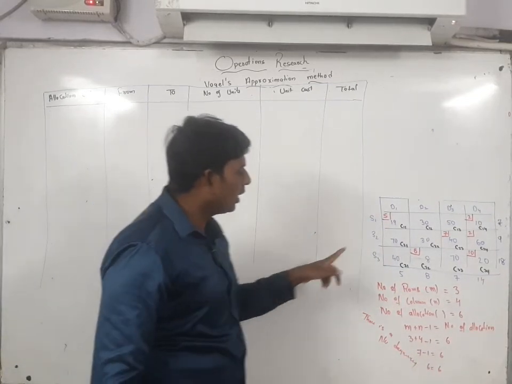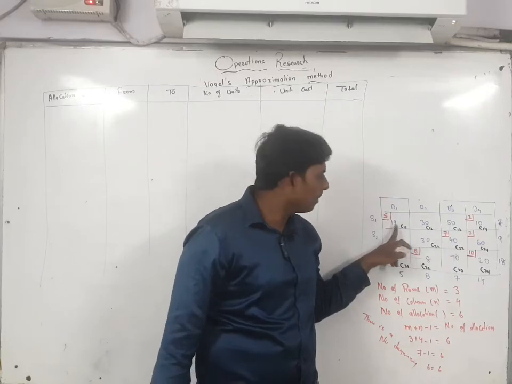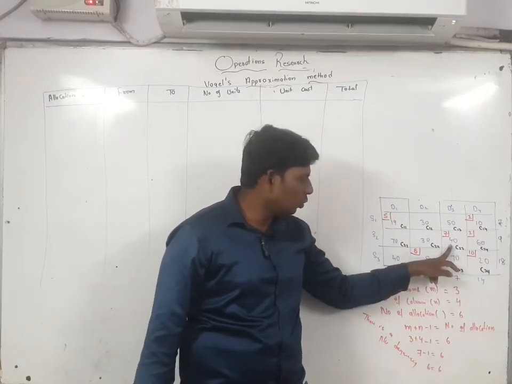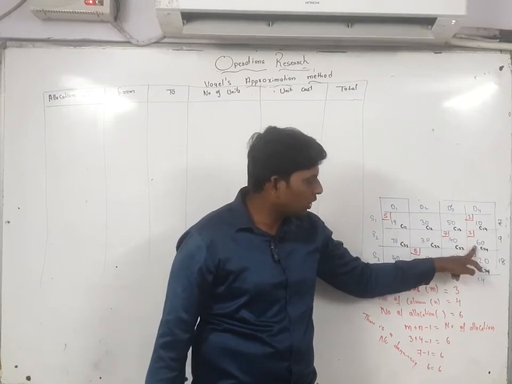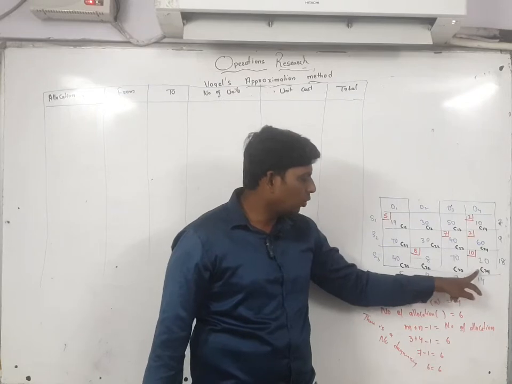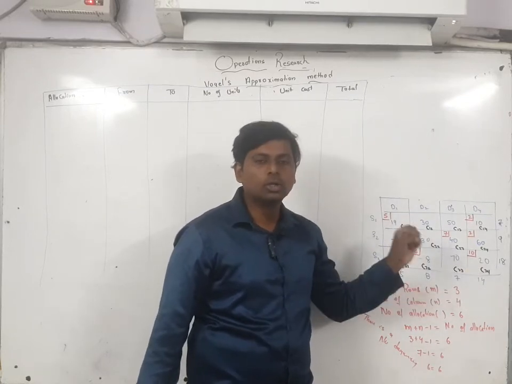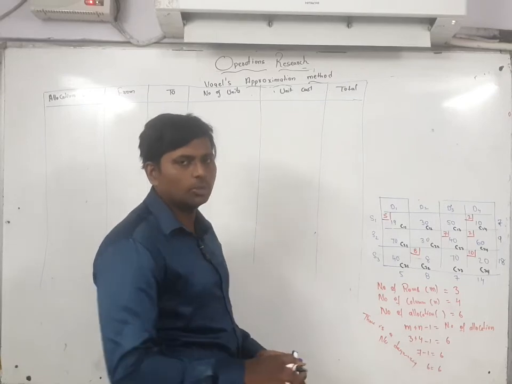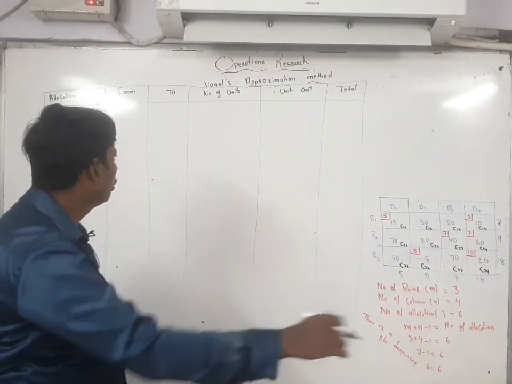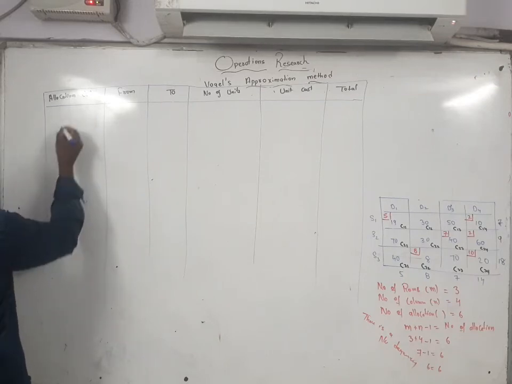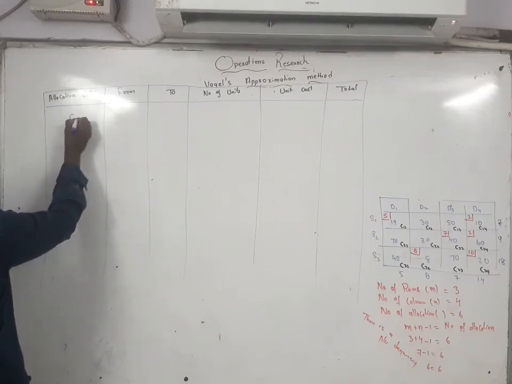So here how many allocation cells are there? As you can see here, allocated at C11, C14, C23, C24, C32, and C34. Totally 6 allocations are there. So first you have to write that. First one is C11.